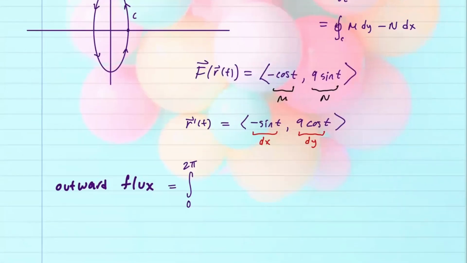m is negative cosine of t times dy, that's 9 cosine of t, and then minus n, which is 9 sine of t, times dx, that's negative sine of t, so this will be a plus, and we're integrating with respect to t.